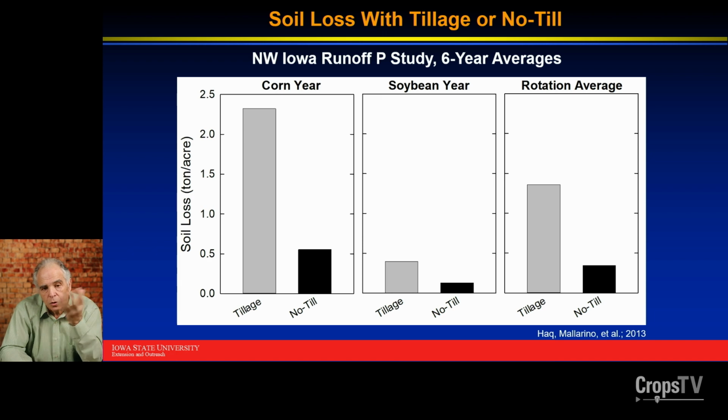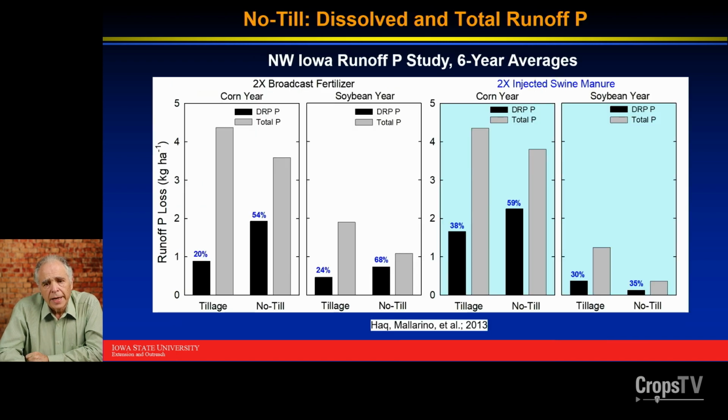Now, we know that soybean is great. We have to apply less nitrogen for the following corn, and that sometimes is very profitable. But from the perspective of soil losses, it is problematic. Now, here it's complicated again, but you can look at this, hit stop, and look at this graph.